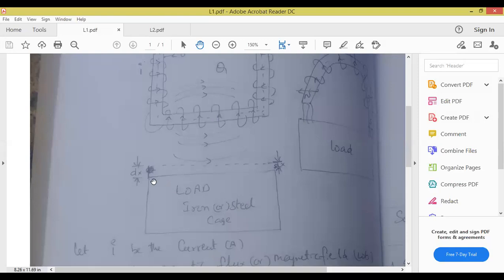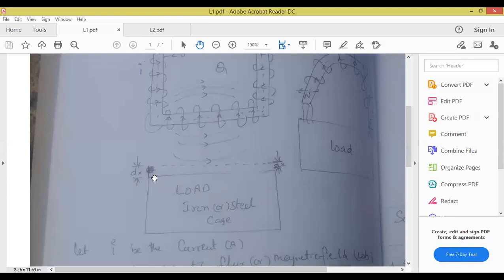Now you see, all of you. We have to explain this mathematically. So what is this dx? Any guesses? Imagine that the iron cage moves by a very small change in position, because when magnetic energy is created, the iron cage is attracted towards the electromagnet.